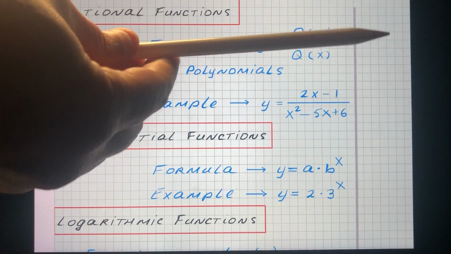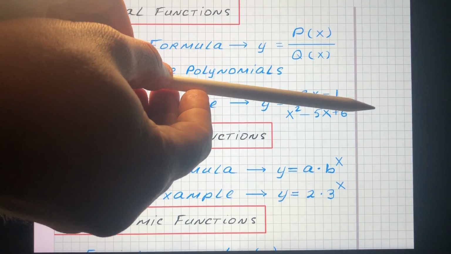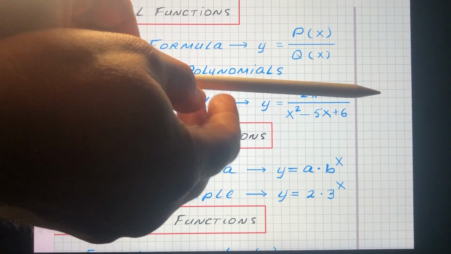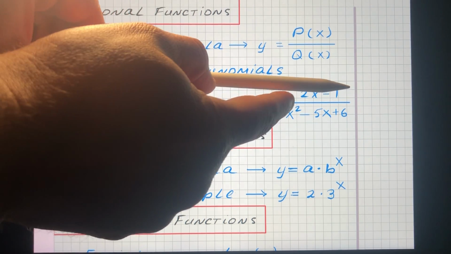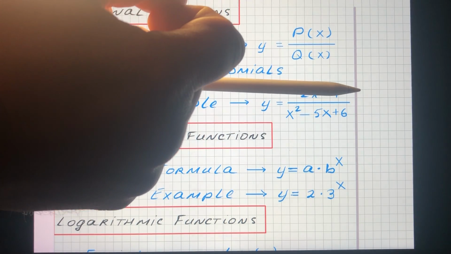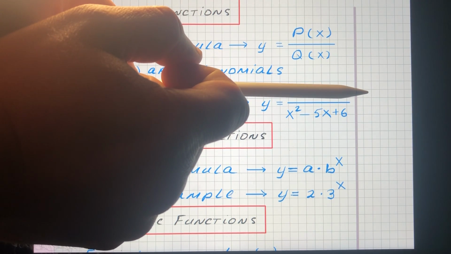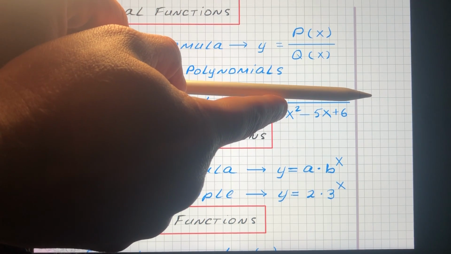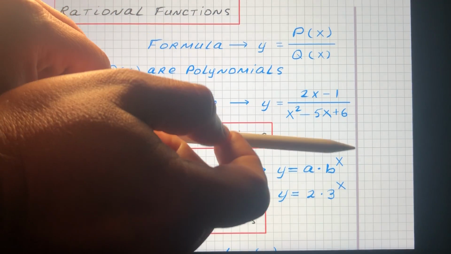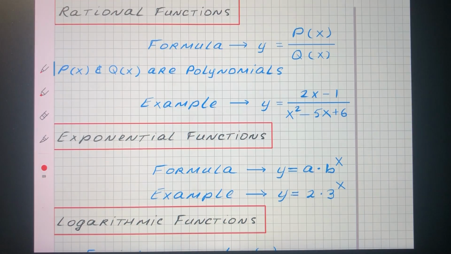For the polynomial, it's the other way around. Here on the bottom is a quadratic polynomial, and the base is x, which is a variable, but the power is 2. It's always fixed. So that's the difference between the polynomial and the exponential function. For the polynomial, the base changes, but the power is fixed. For the exponential, it's the other way around. The base is fixed, but the power is changing.